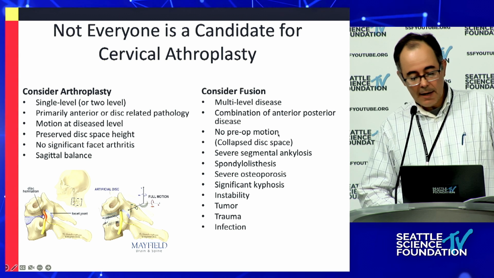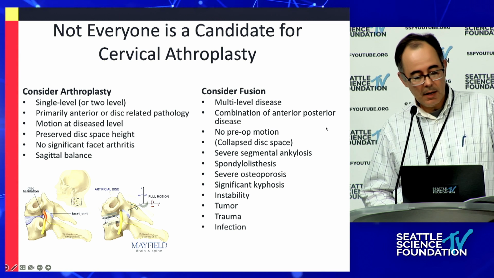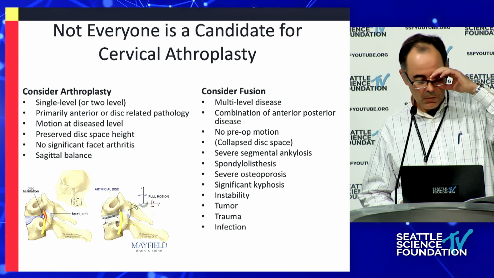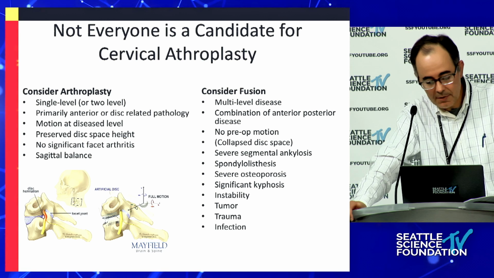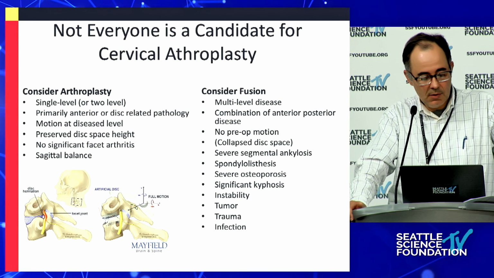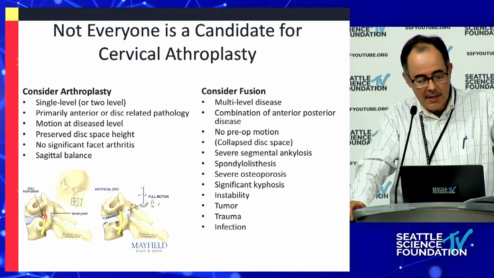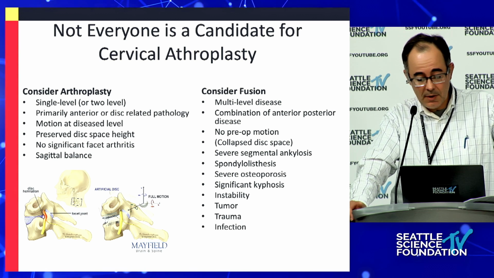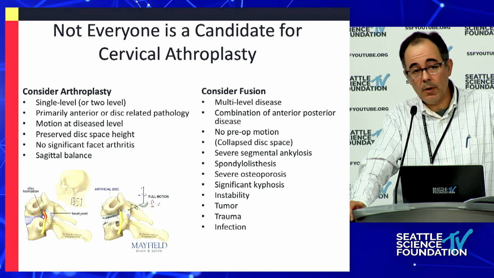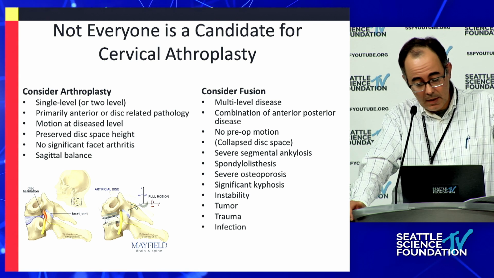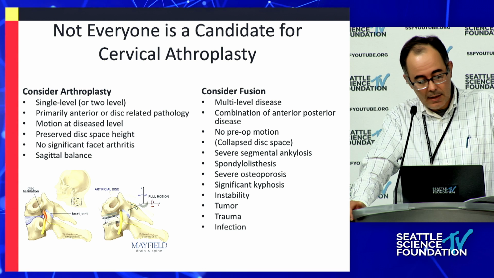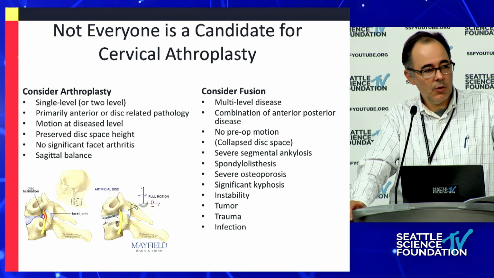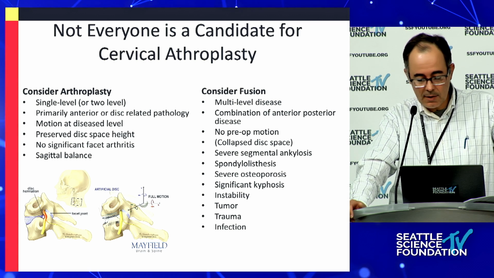So not everyone is a candidate for arthroplasty. You can really only consider arthroplasty for patients with 1 or 2 level disease, patients that still have maintenance of motion, patients who have relatively preserved disc heights, patients who have relatively normal sagittal alignment, and arthroplasty candidates traditionally are patients who have less disease than fusion candidates.